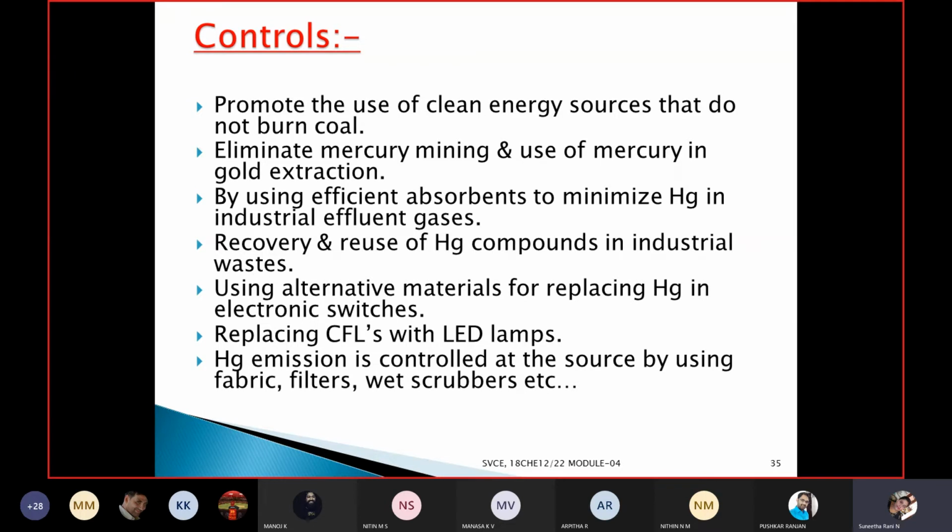The next pollutant is lead. If you have any doubt, you should ask. You can interrupt me and ask. Otherwise, I'll go to the next pollutant very fast. Do you have any doubt? Students?